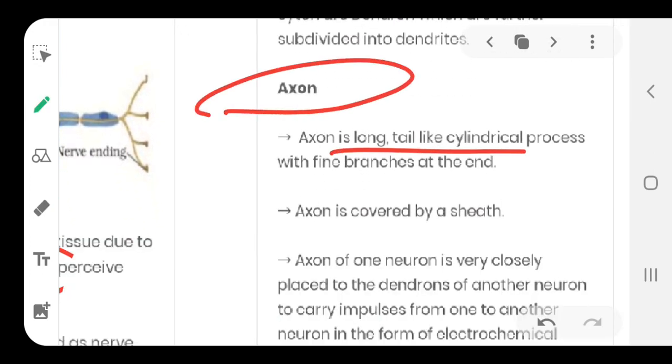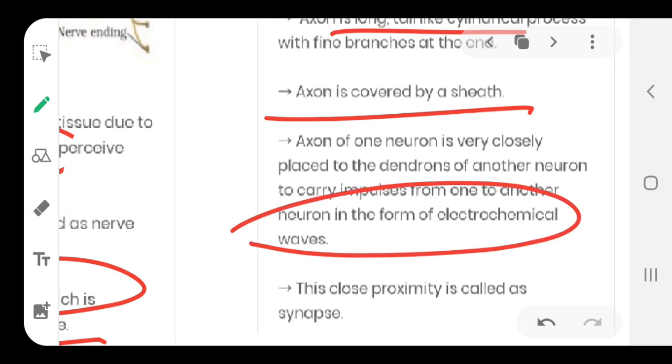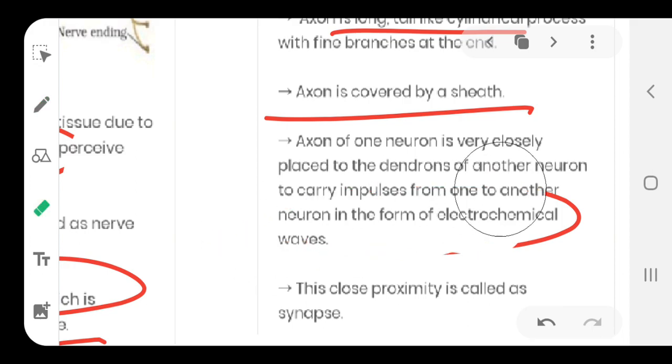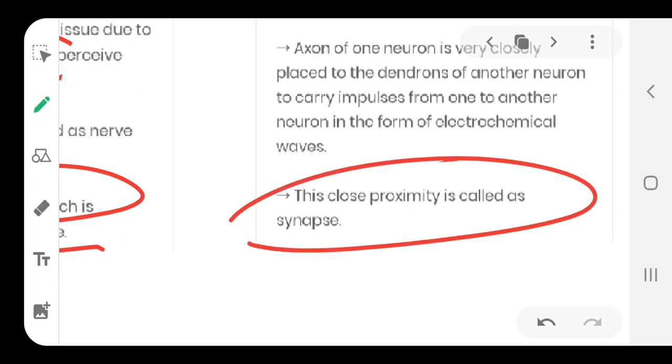It is covered by a sheath, the medullary sheath. And the axon of one neuron is closely placed to the dendrons of another neuron. They get connected there, where they form electrochemical waves that we will study in higher classes. But you should know that the junction where they both unite is basically referred to as synapse, or called synapses.